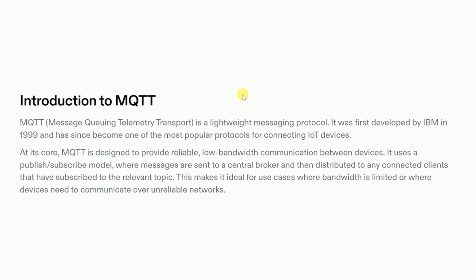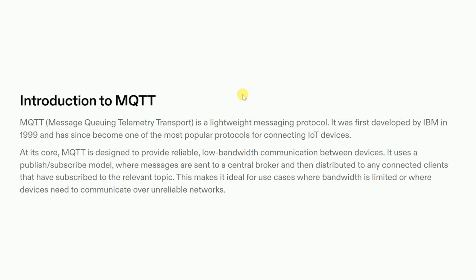It's the Message Queuing Telemetry Transport protocol. It was developed by IBM in 1999, and because of its feature as a lightweight messaging protocol, it became popular in interfaces where the bandwidth is very low.